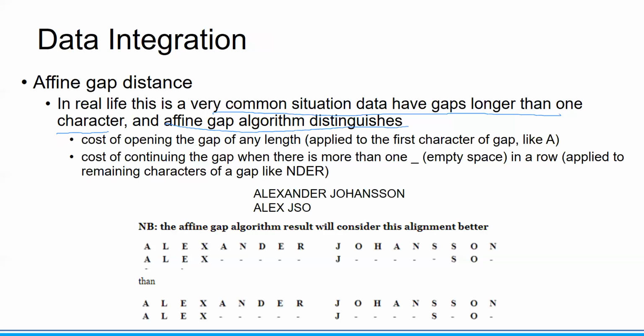It will calculate the cost of opening a gap of any length, which is applied to the first character of the gap, and the cost of continuing the gap when there is more than one empty space in a row, which is applied to the remaining characters of the gap. Here I want to compare Alexander Johansson and Alex Gso.